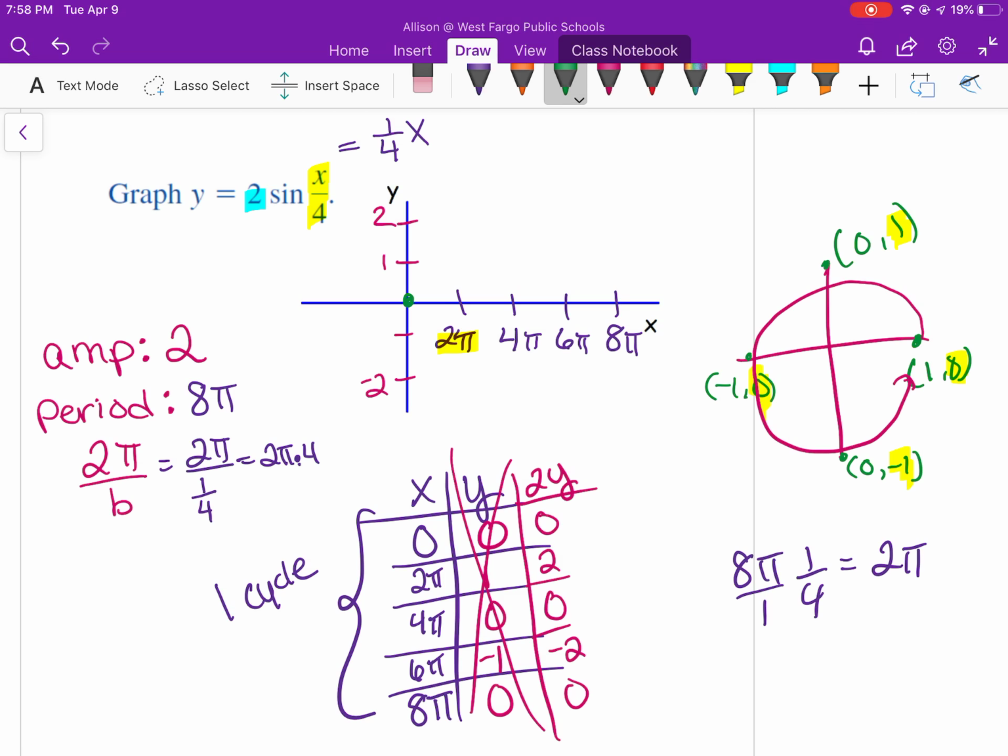Then I have 2 pi and positive 2, 4 pi 0, 6 pi negative 2, and 8 pi 0. So here's my one cycle of my sine curve. Then domain would be all real numbers. And range this time would be the y values are fluctuating between 2 and negative 2. So my range would be negative 2 to 2.